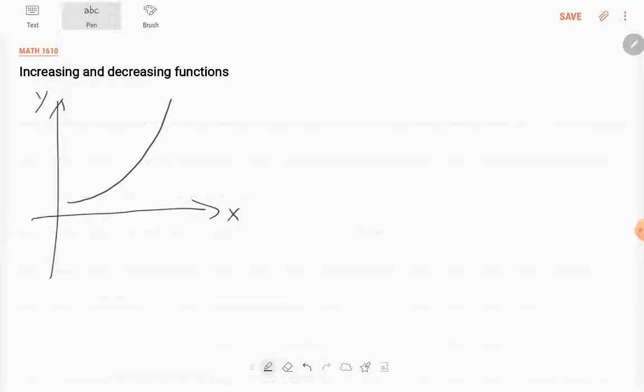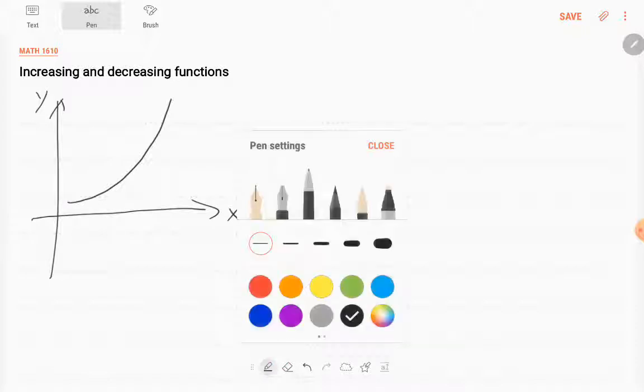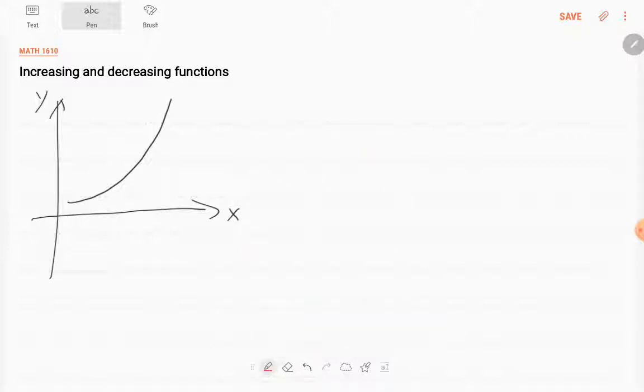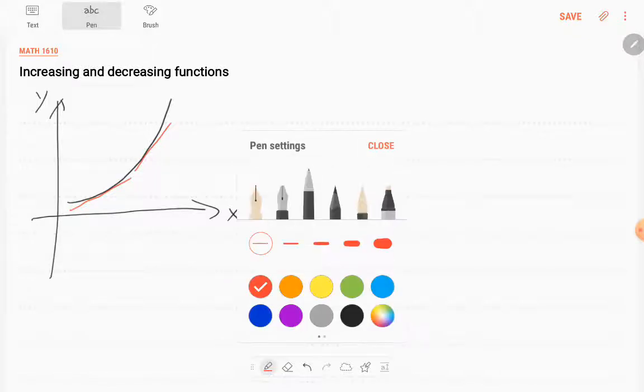For the increasing function, you will see how to use the derivative. So let's look at the derivative. The derivative is actually the slope of the tangent line. So let's draw some. Slope of the tangent line, right? This is an increasing function.